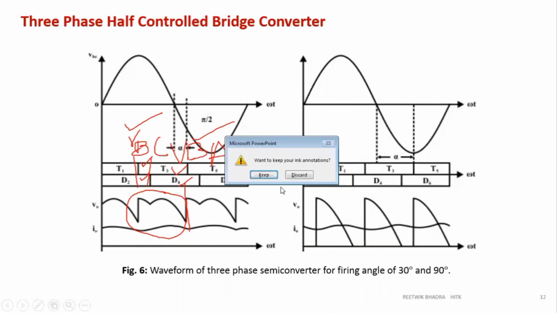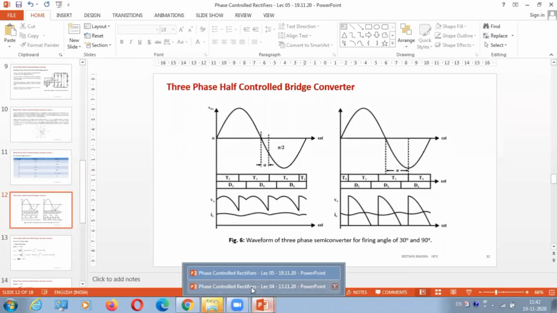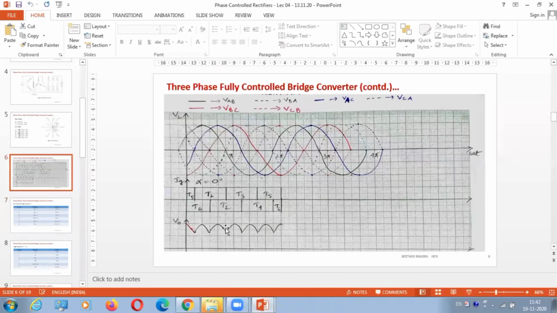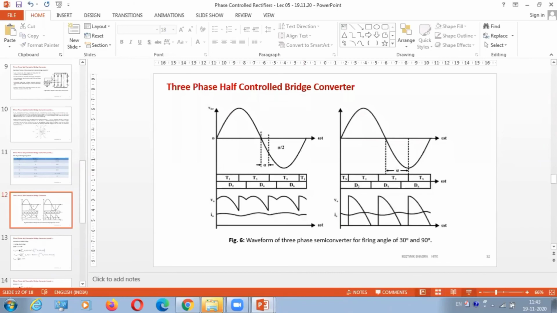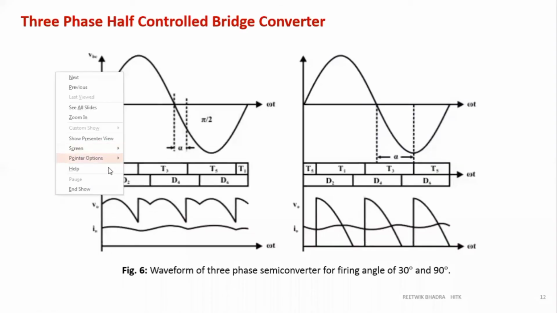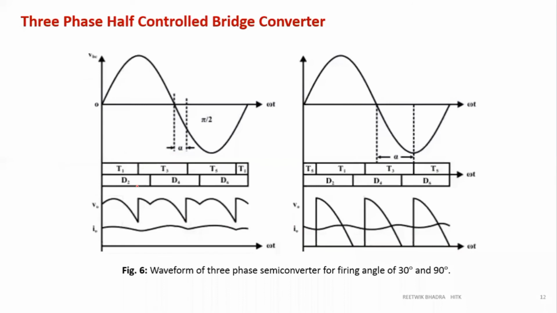Previously, if I compare with our previous lectures, there you could see that only one line voltage is there, either VAC. This complete curve is one line voltage. But in the lecture which we are studying now, this part is one line voltage, this part is one line voltage. Similarly over here, this part is one line voltage, T5 D2.